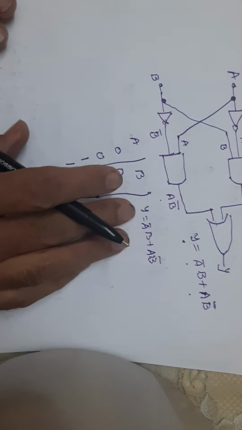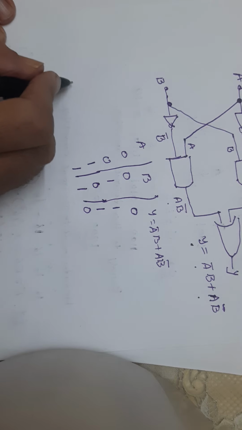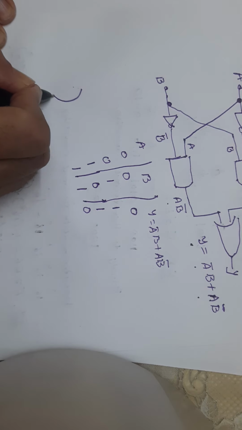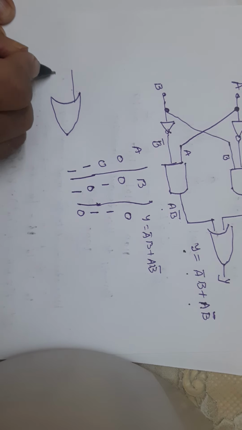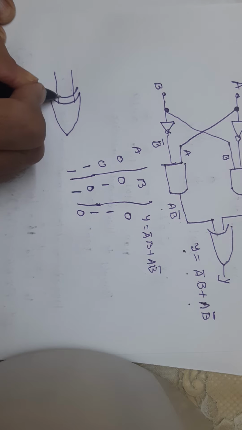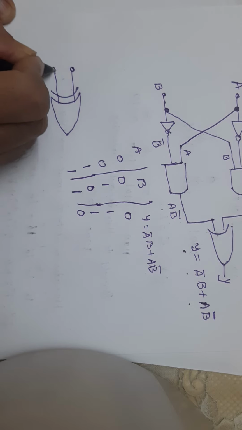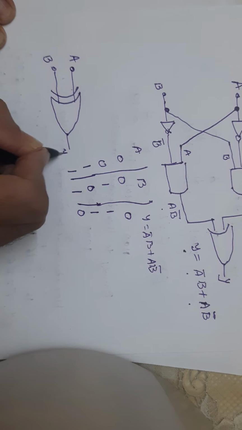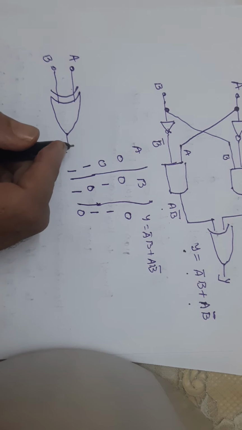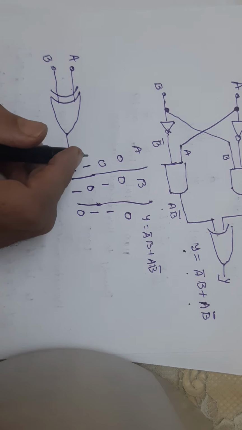The symbol of the exclusive OR gate looks like this. This is your A, this is your B, and this is our final output Y. This is the logic symbol for the exclusive OR gate.